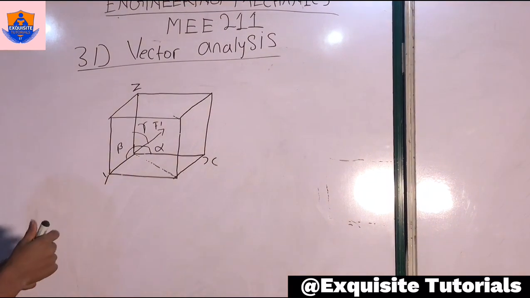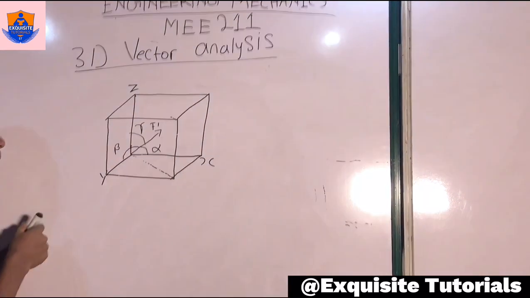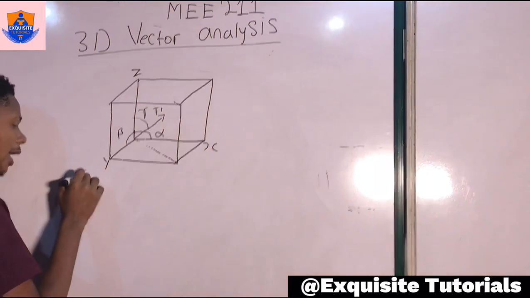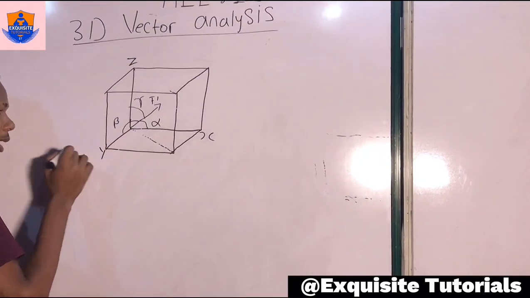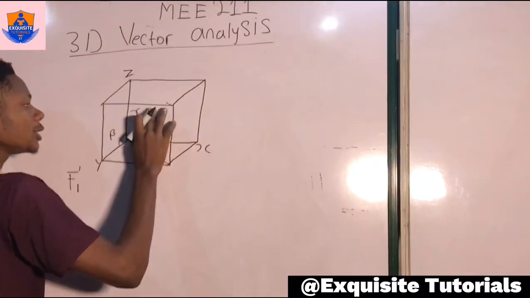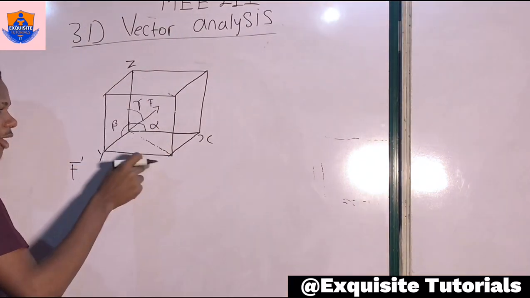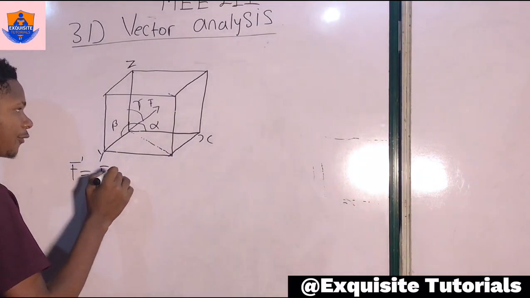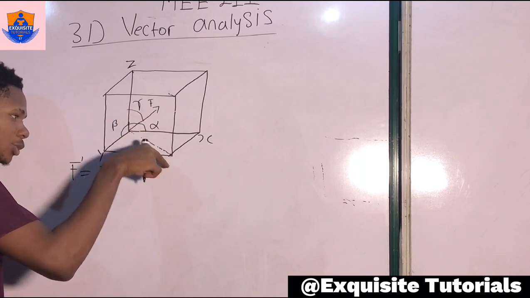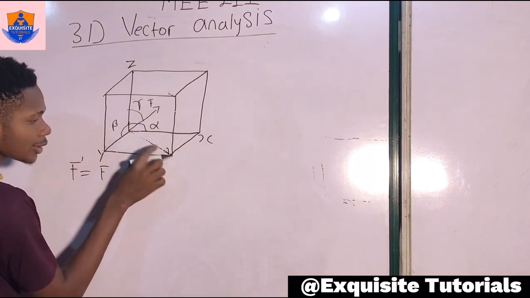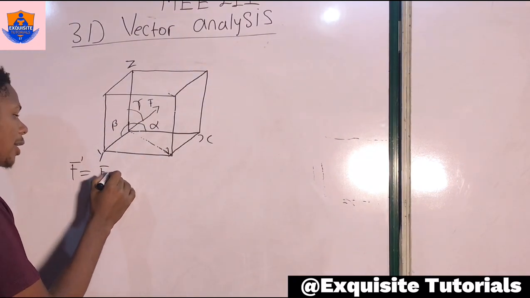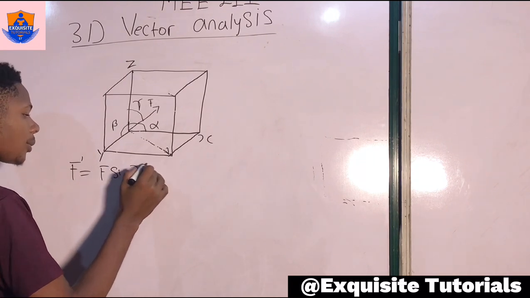So if I resolve it to this bottom part, I'm going to call it f prime, and I'm going to call this f. Now resolving it, opening this angle down to this bottom such that the vector lies on this plane, we are going to get f prime equals f sine of gamma.